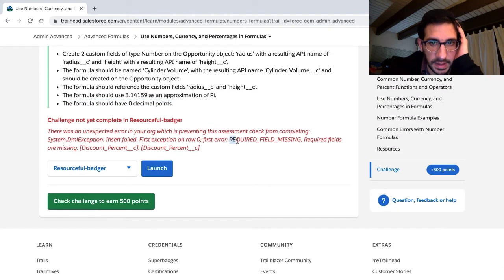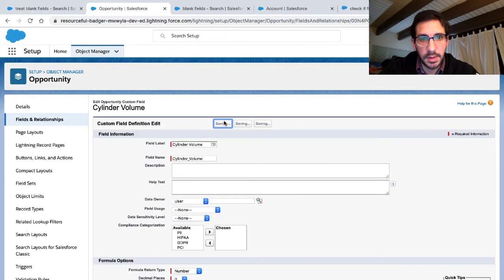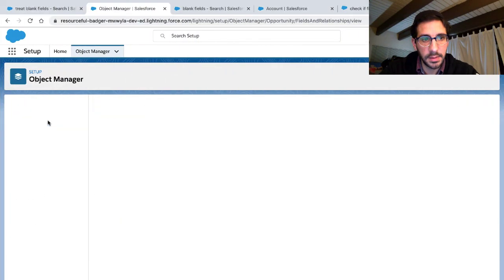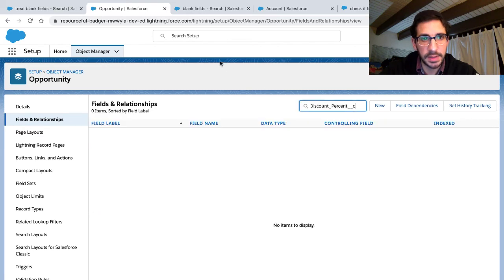Required fields missing. Required fields are missing: discount percent, custom field. I sure don't know where the discount percent custom field comes in.